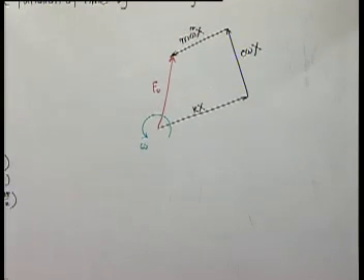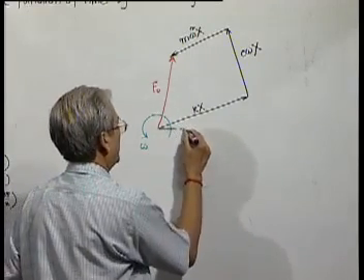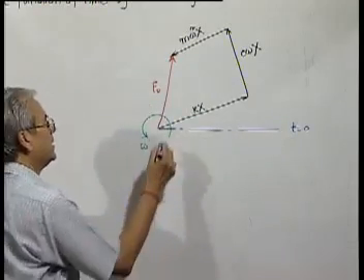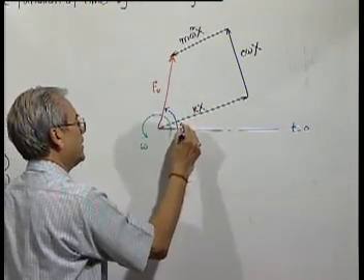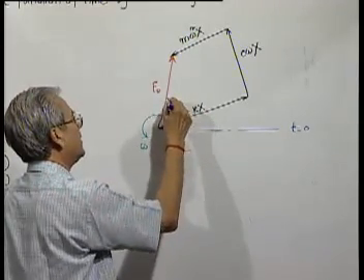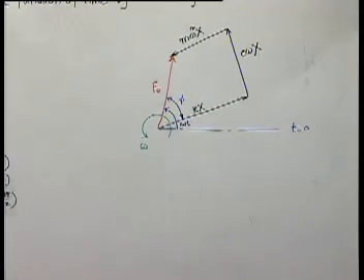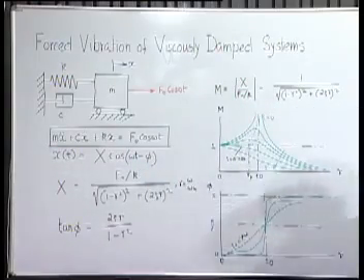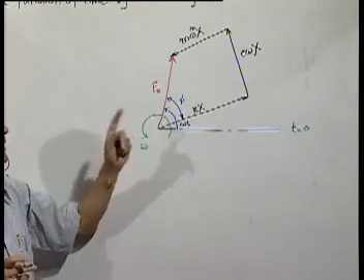If at t equal to 0 the projection is here, then this is equal to omega t, and obviously this must be equal to phi, because x vector is represented by x cosine omega t minus phi. That means the position vector is lagging behind the force vector by an angle phi. So, this must be phi.